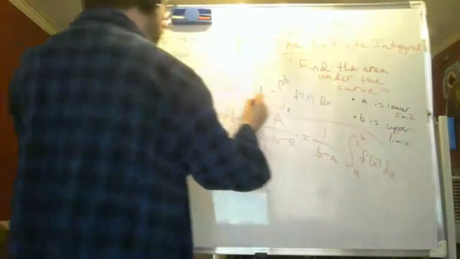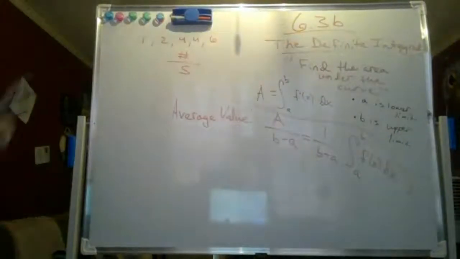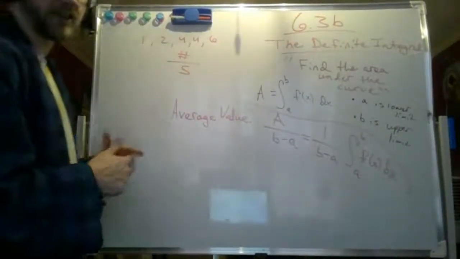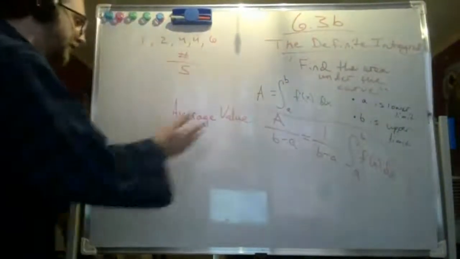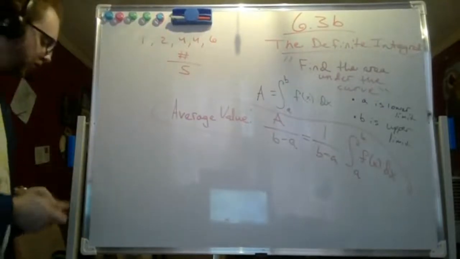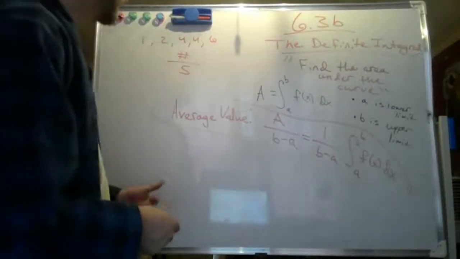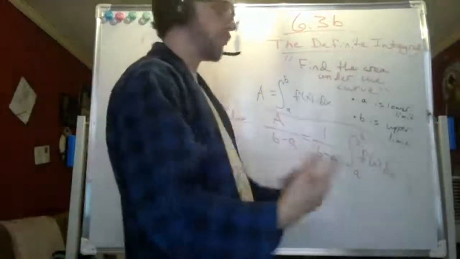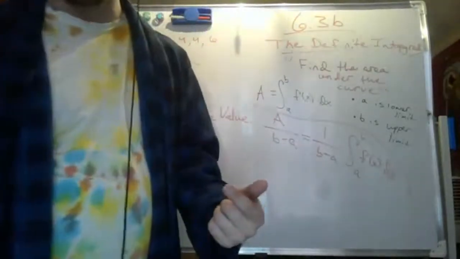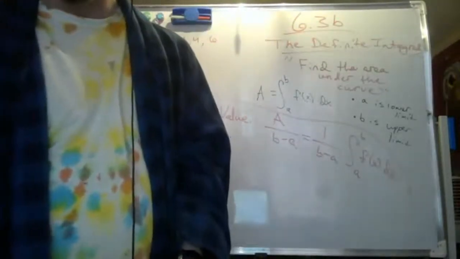So this is your formula for solving average value. You are going to need that equation later, as you'll see in some examples. So there you have it. We have the definite integral, we have the average value, and now we're ready to move forward with some examples.